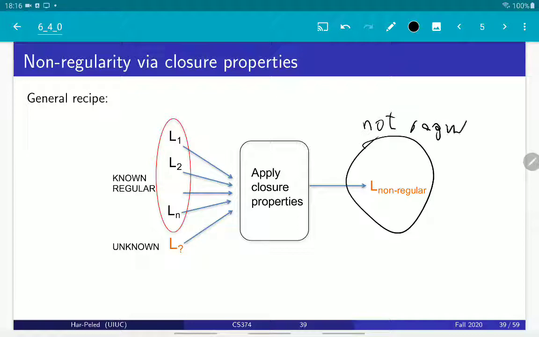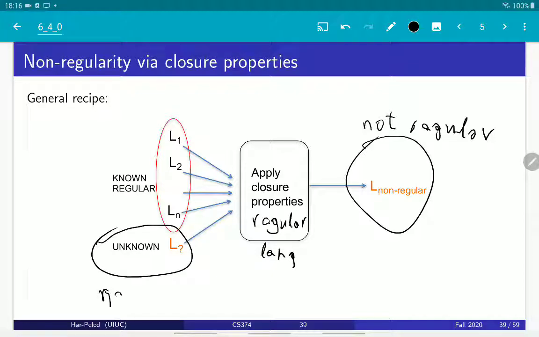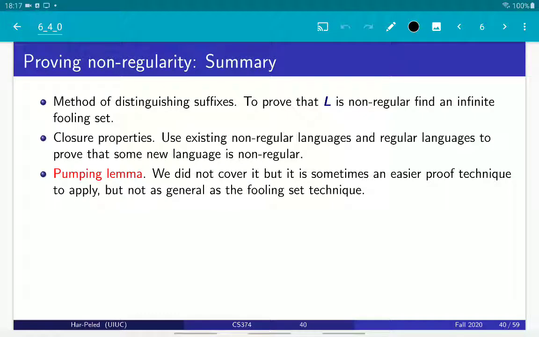Then, since these are closure properties for regular languages, the only way this can happen is if this unknown language is in fact not regular. So that's the proof strategy. And the nice thing about it is that if you can apply it, it's much easier than the previous strategy of fooling sets, which requires a much more low-level understanding of the language.